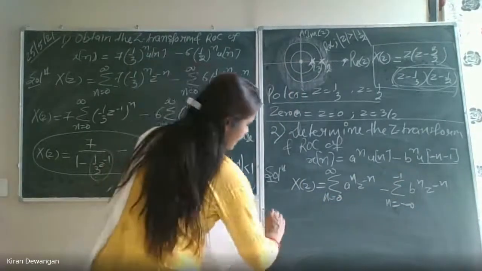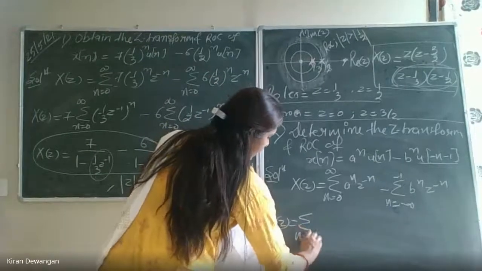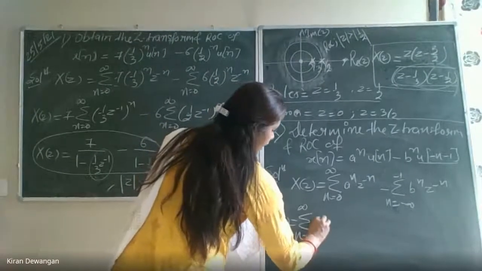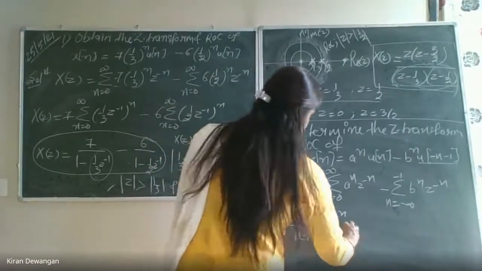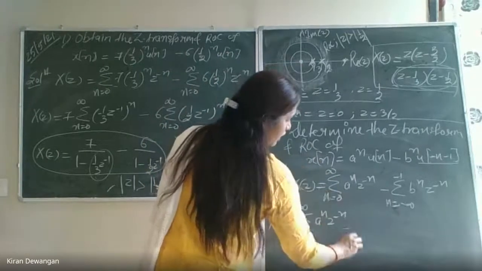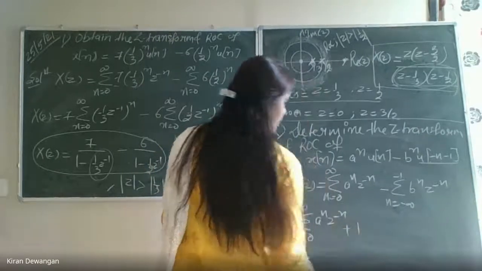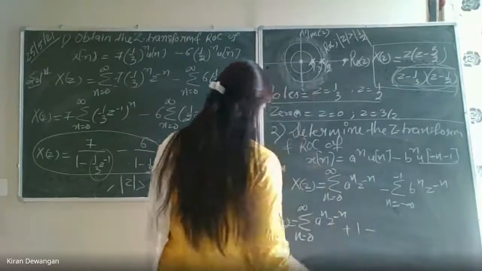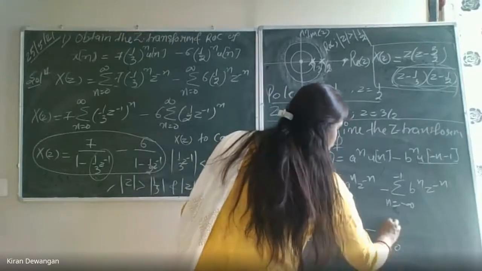So let us see. This x of z will be as it is, summation n from 0 to infinity a to the power n z to the power minus n. This becomes minus, ठीक है, ये minus है, since we are adding 1 here, तो यहाँ पर it will be plus 1, ठीक है, minus summation n will change from 0 to infinity.